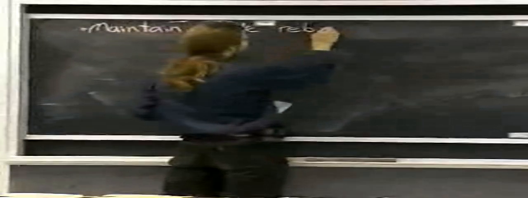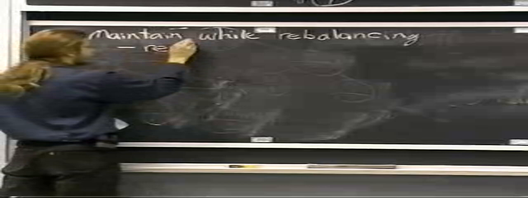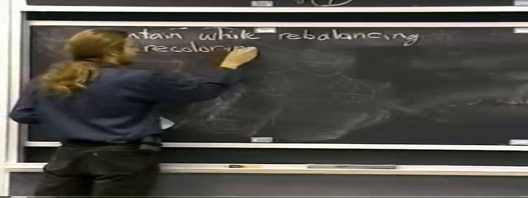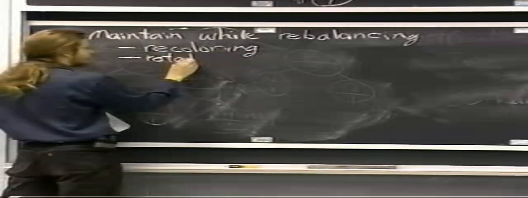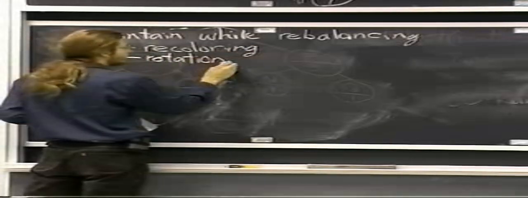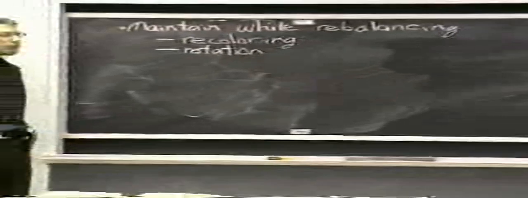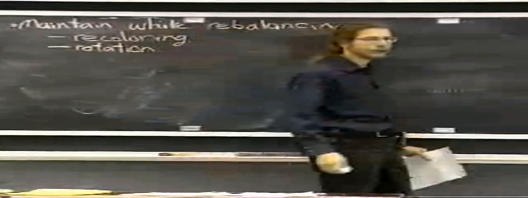So we're going to follow through. Rebalancing breaks up into a sequence of steps. Each step is either recoloring or rotation. And for each kind of step, we're going to say how to maintain the subtree sizes locally. And that will be enough. If we can do it at every step, then we maintain it all the way through. Okay, so how do we maintain subtree sizes when we recolor a node between red and black?